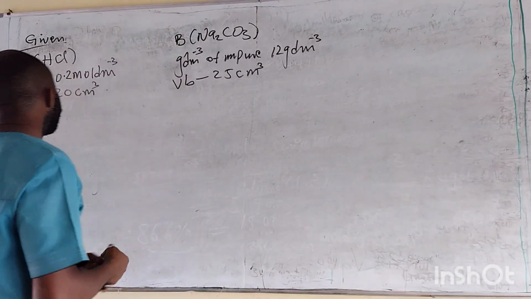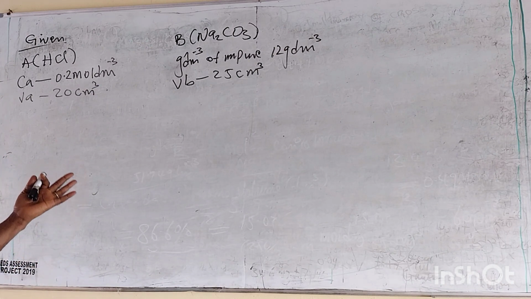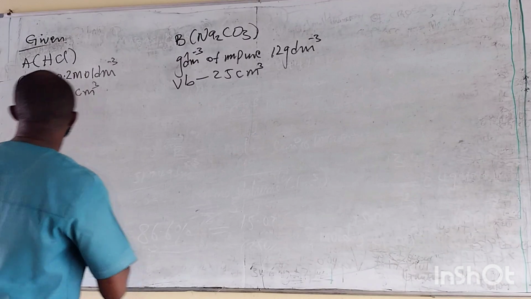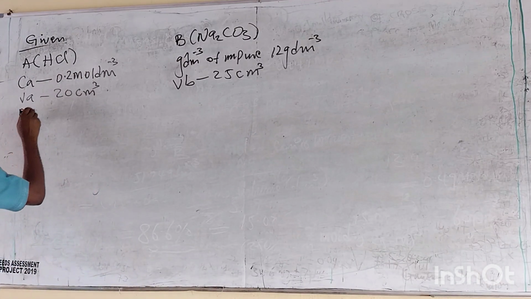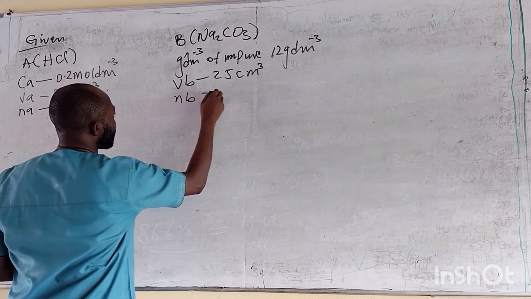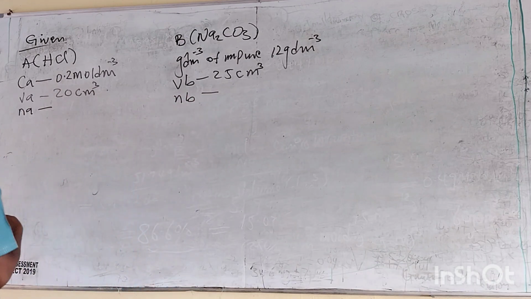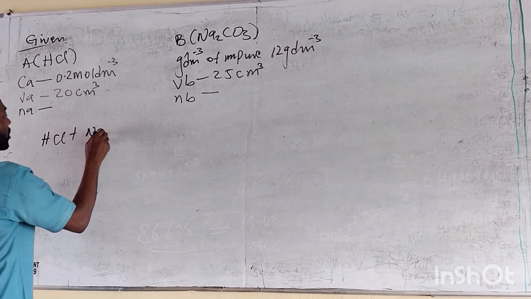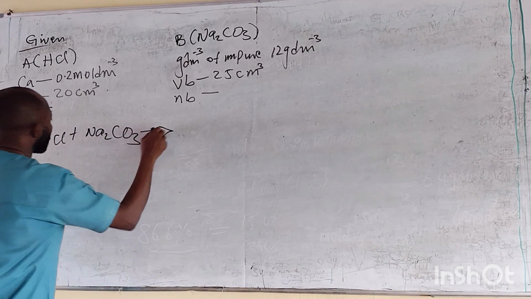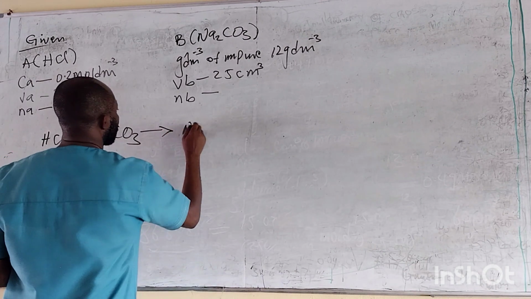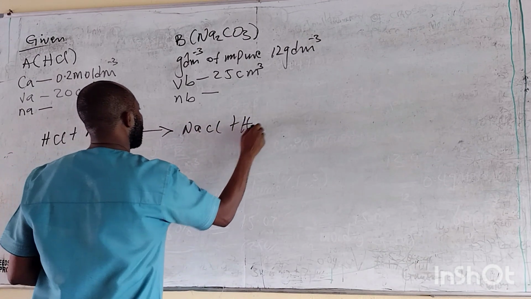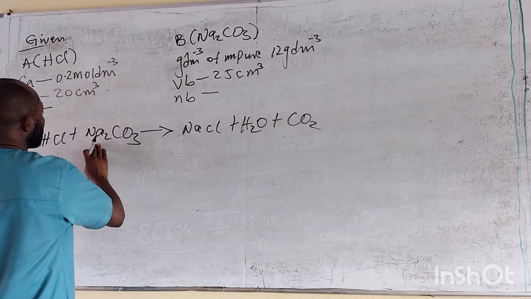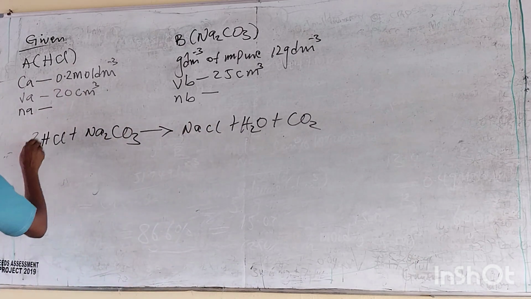Before we proceed further, remember our usual, we have to balance the equation so we'll be able to establish the number of moles of acid and that of base. So let's call this our Na, we don't know what it is, and Nb, we still don't know what it is. So let's balance it. It's 2HCl plus sodium trioxocarbonate 4 will give us 2 sodium chloride plus water plus CO2.